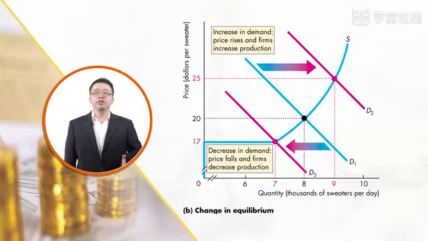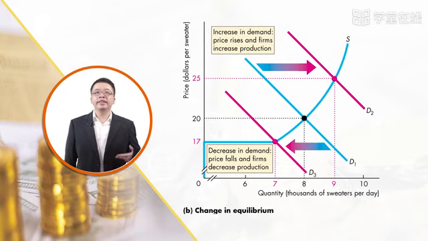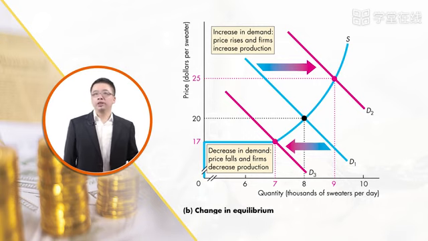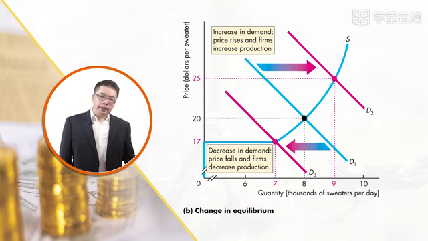So we can observe the demand curve shift from D1 to D2, and we reach a new equilibrium, which is a quantity of 9 and a price of 25. Both the equilibrium price and quantity increase. However, if a decrease in demand causes a leftward shift of the market demand curve, we are going to observe the market equilibrium price and quantity decrease.